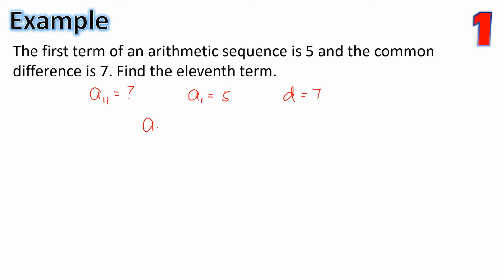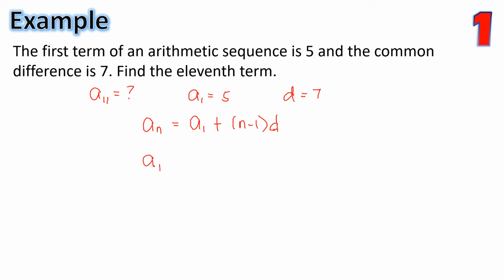From the formula a sub n equal to a sub 1 plus n minus 1 times d, we can substitute a sub 1 equals 5 and d equals 7 to get a sub 11, or the 11th term.